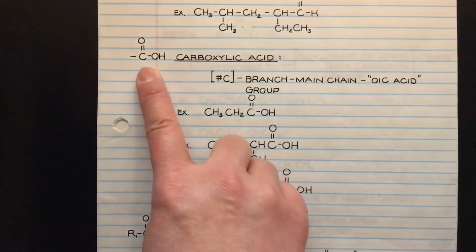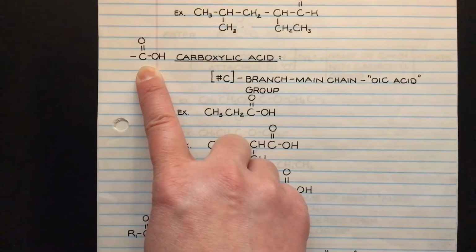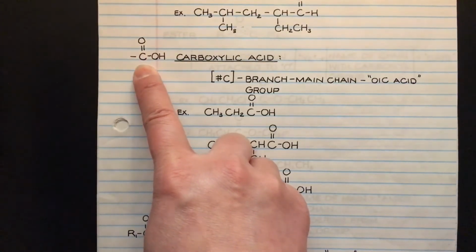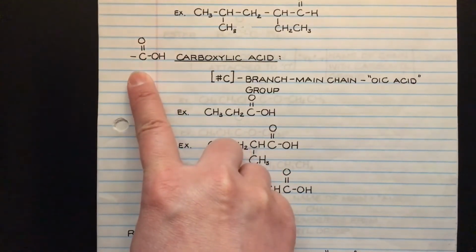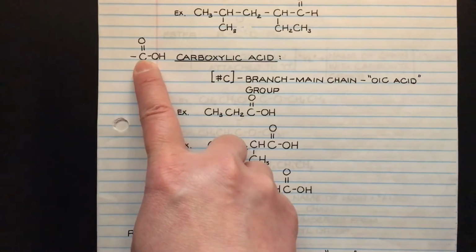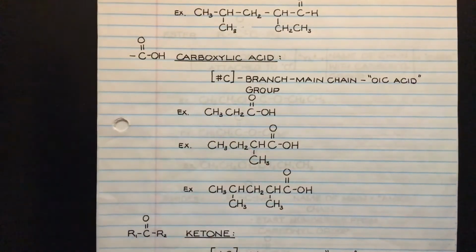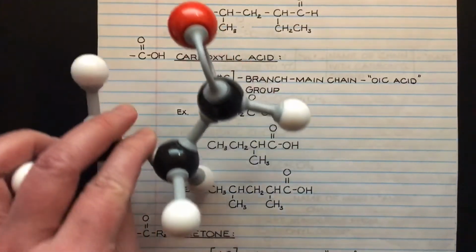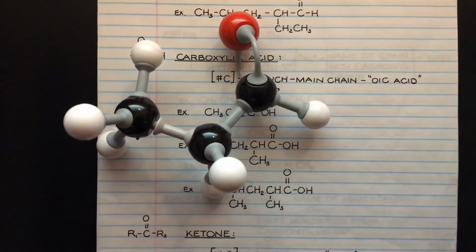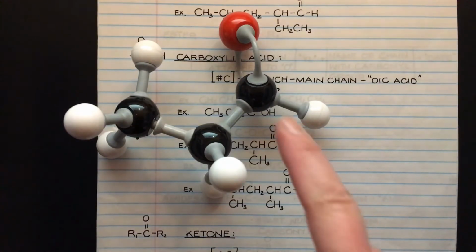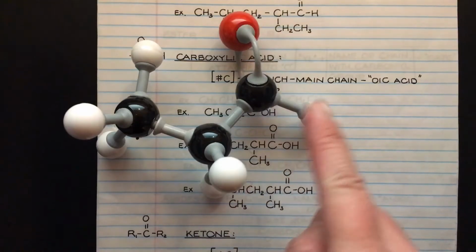So with the carboxylic acid, you have the carbon with the double bond O, so there's your carbonyl group, and now instead of just an H, you're going to have an OH attached to it instead. And so to help you see the difference, right now you have an aldehyde right over here, where you have your carbonyl group right here with the hydrogen.